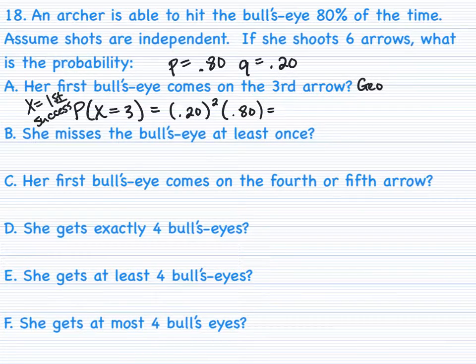She misses the bullseye at least once out of 6 arrows, so that's the binomial. So at least once, remember, is the complement of none. So what I'm going to do is the probability. So now X represents the successes out of 6.